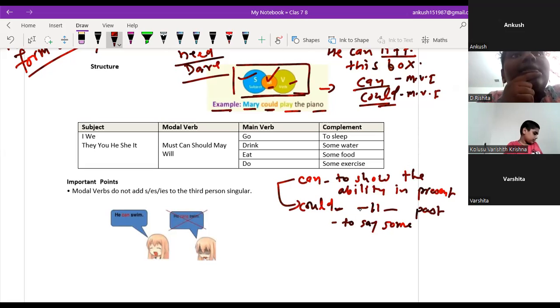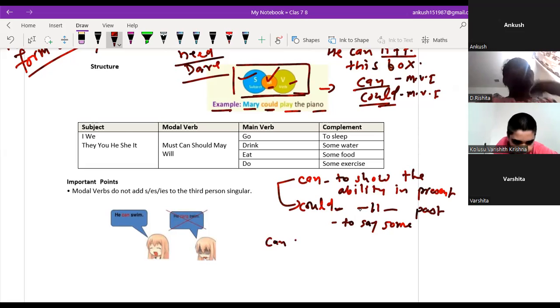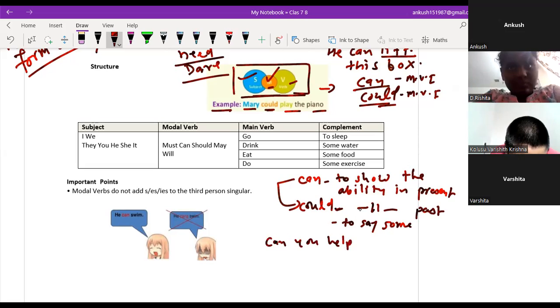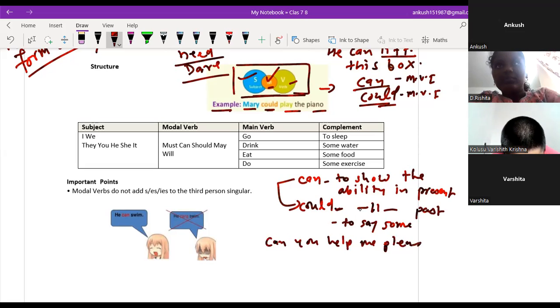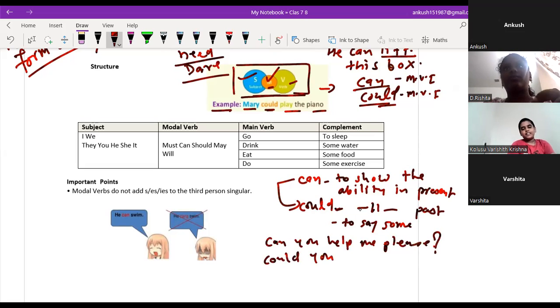Suppose I need your help, so I would say, could you please help me? I can use can also: can you help me please? This is also a correct request. But if you're writing, could you please help me?